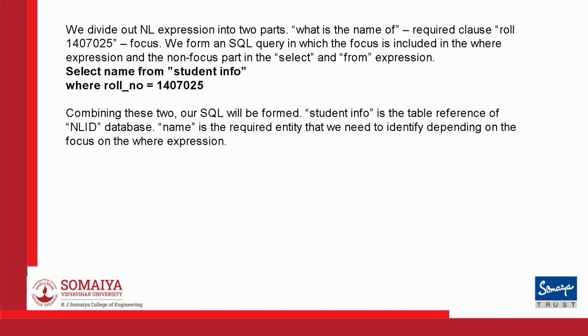That is, select name from student info, where roll number equal to 1407025. Combining these two, our SQL will be formed. The student info is the table reference of the NLIDB database. The name is the required entity that we need to identify depending on the focus of the where expression.